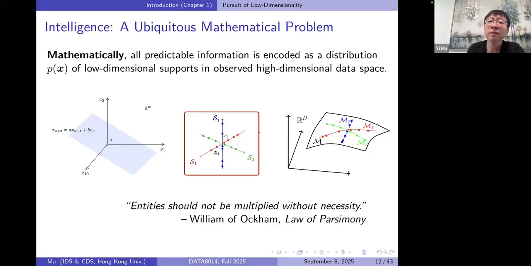But nevertheless, compared to the ambient space, the large, high-dimensional space where the data sits, the physically plausible data, the useful data, the natural data are only situated around some extremely low dimensional structures. We call them, yeah. That's actually the distribution.